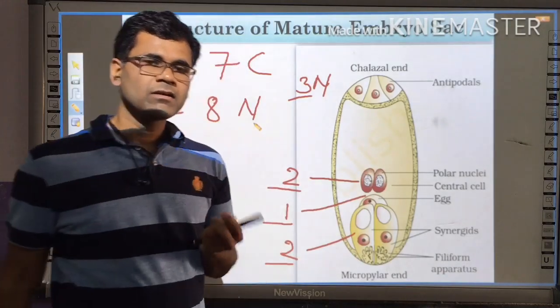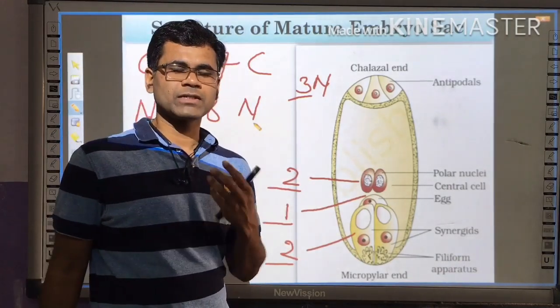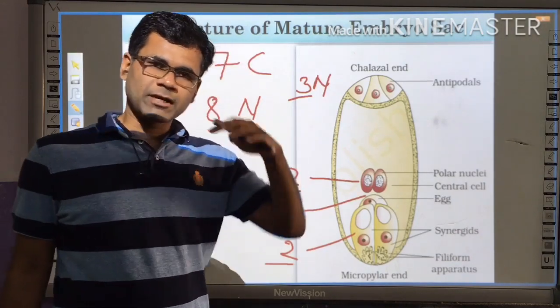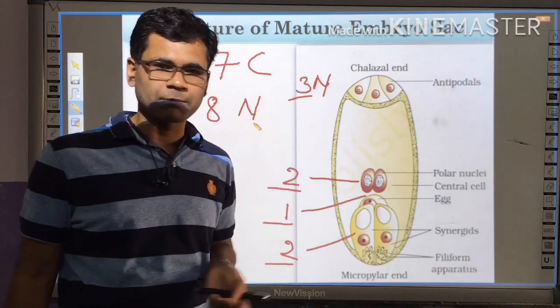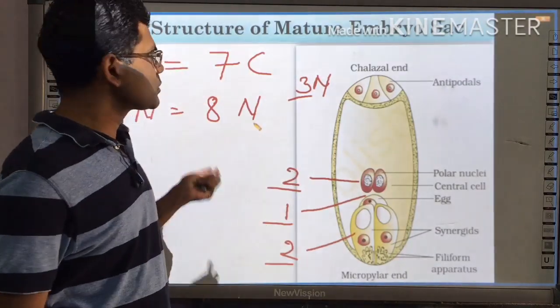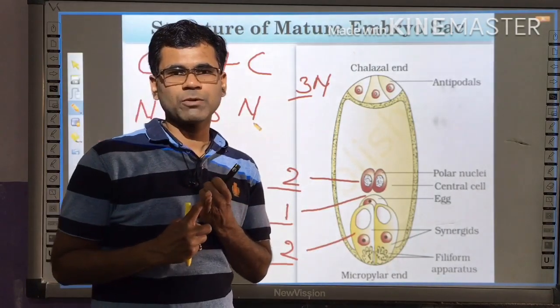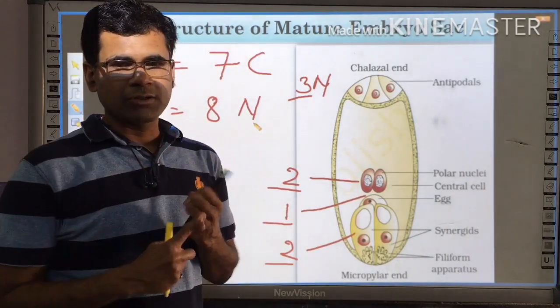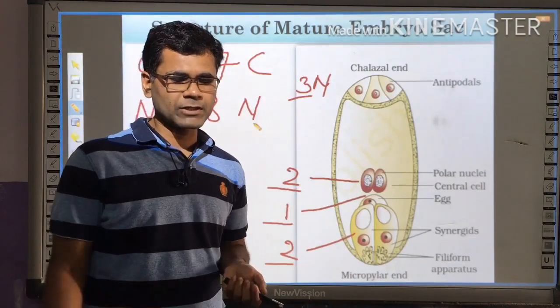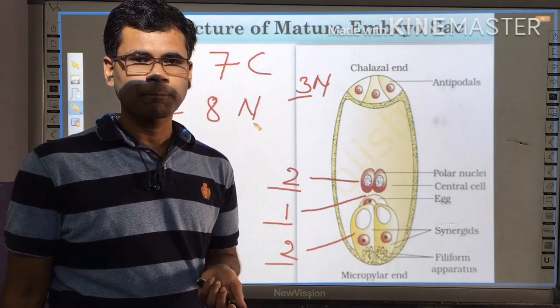At this end, we have studied 2 important things. The first one is microsporogenesis, which we discussed in our previous lecture, and in this lecture we have studied the structure of the megasporangium, the embryo sac, and the different functions of its cells.